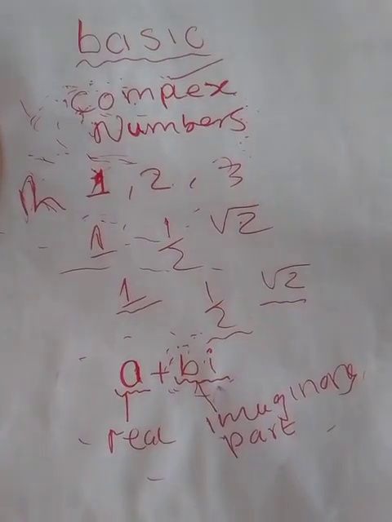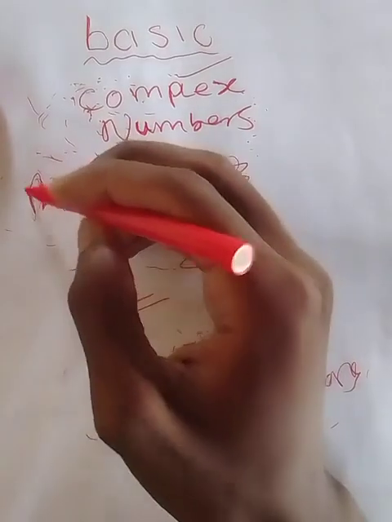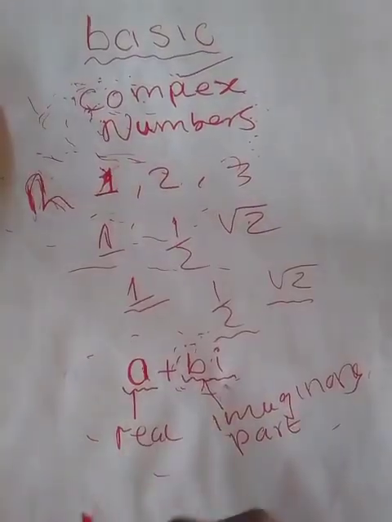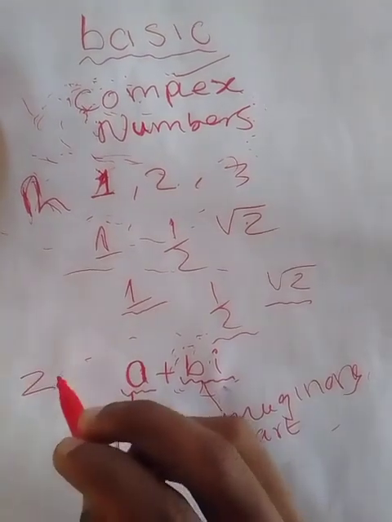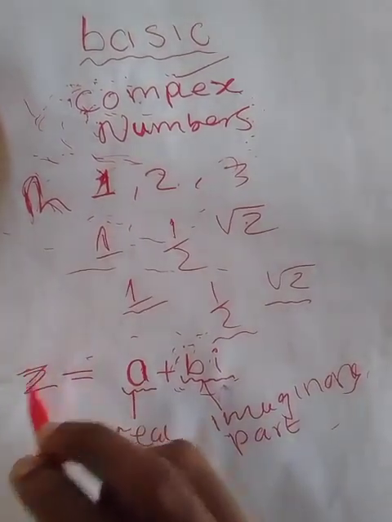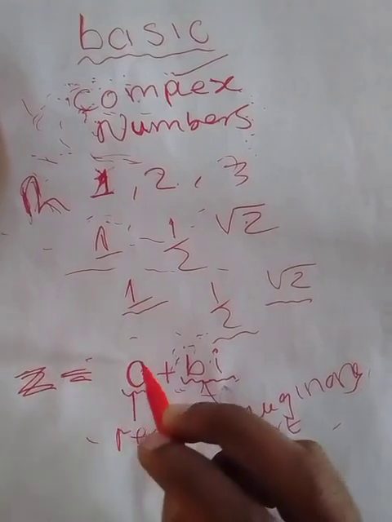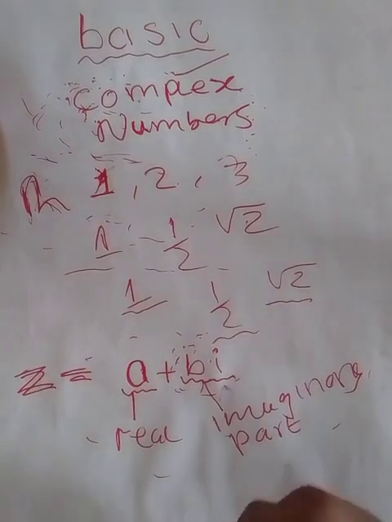Unlike real numbers, which are represented by R, complex numbers are represented by the letter Z. Yes, the letter Z is used to represent the complex numbers. This is very important.